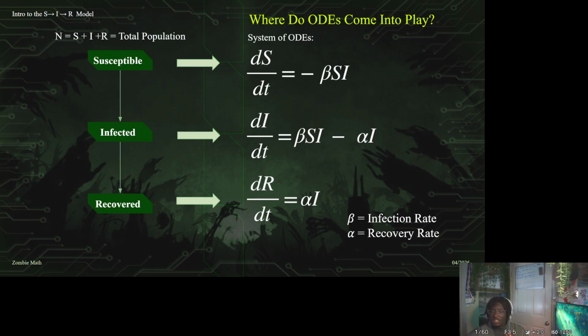And when you add up the total population in these three groups, you get N, which is just our total population. So you might be wondering, where do ordinary differential equations come into play? Well, we have our system of ordinary differential equations here, right? We have our dS/dt, dI/dt, dR/dt.